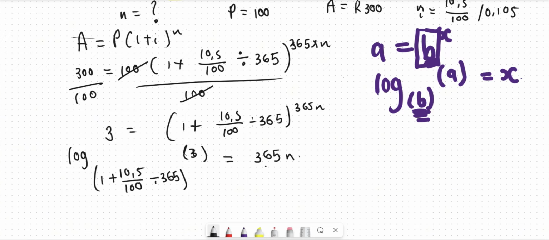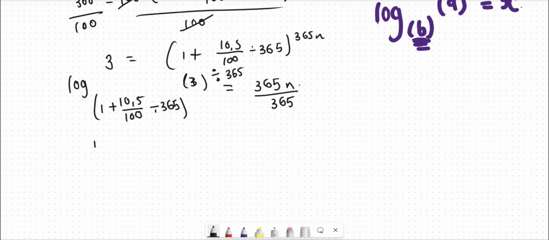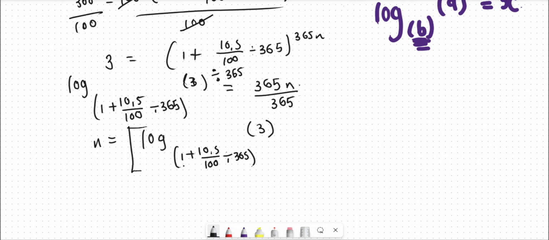So how do I get n by itself? I need to divide by 365 on both sides. So our n is essentially equal to the log base of this expression, with the 3 being the argument in the middle, and this whole thing is divided by 365.